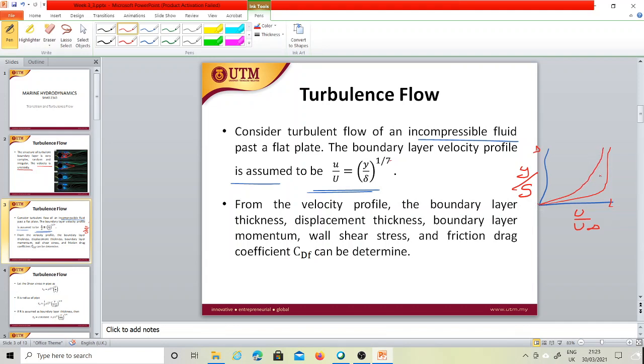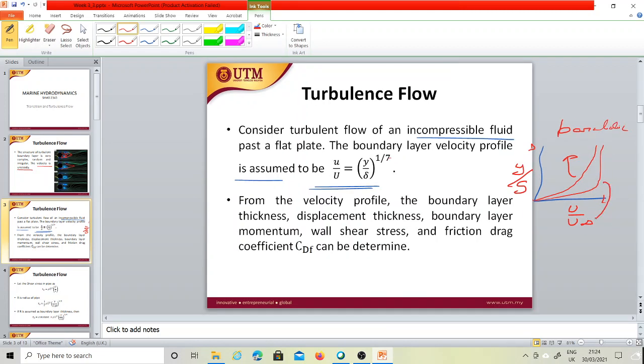My drawing is not accurate. Mainly this one is for laminar flow, that is parabolic, and on the other hand, for the turbulent flow we consider a 1/7 power. So the 1/7 power method, we call it something like that.